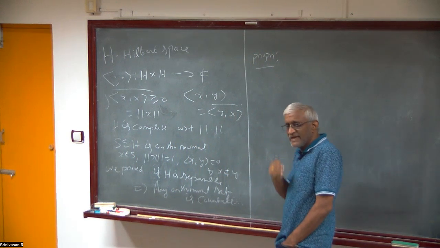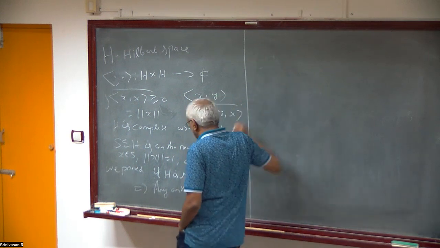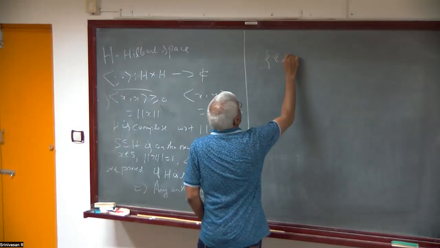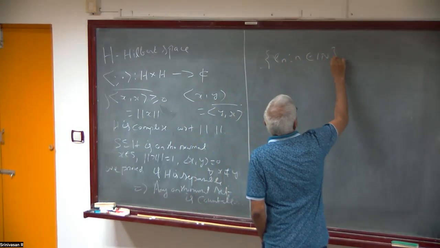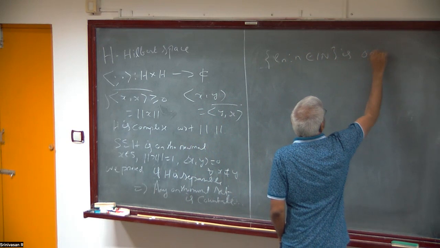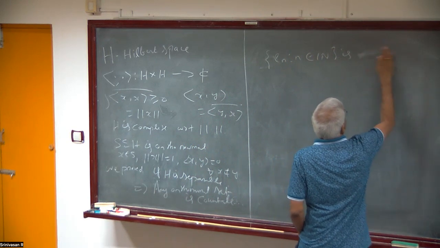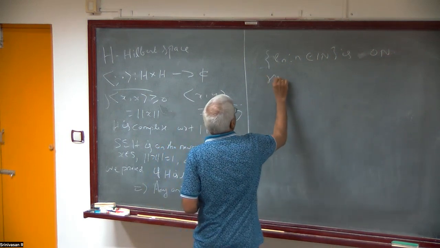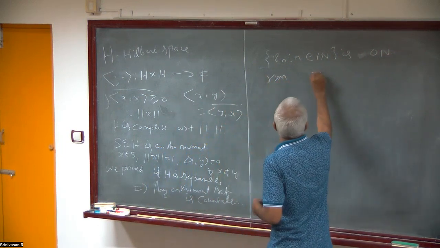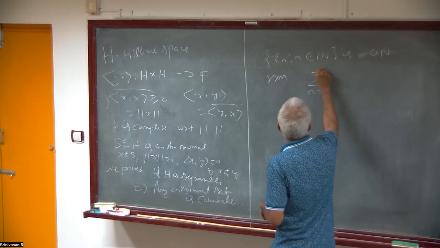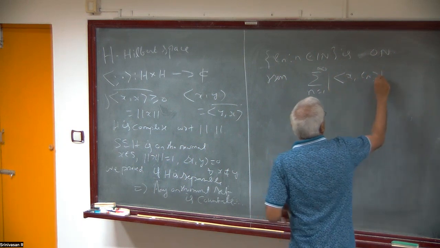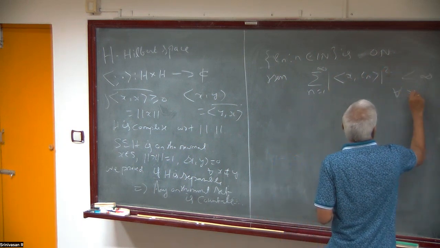Did I do this? Any orthonormal set is linearly independent. Did I say that? Okay, we proved that. So any orthonormal set is linearly independent. And further, if something is orthonormal, let's say just e_n orthonormal, then the summation n equal to 1 to infinity of the inner product ⟨x, e_n⟩ norm square is finite for all x elements.